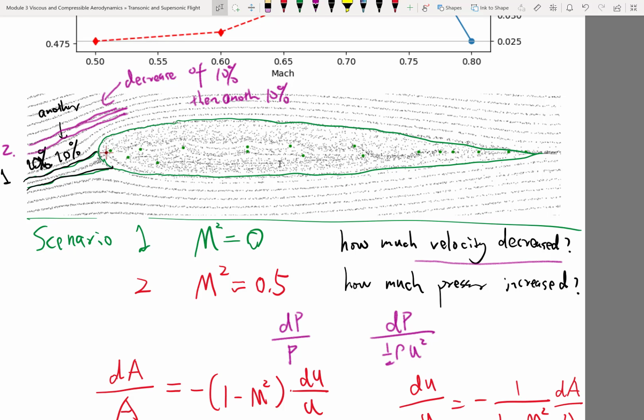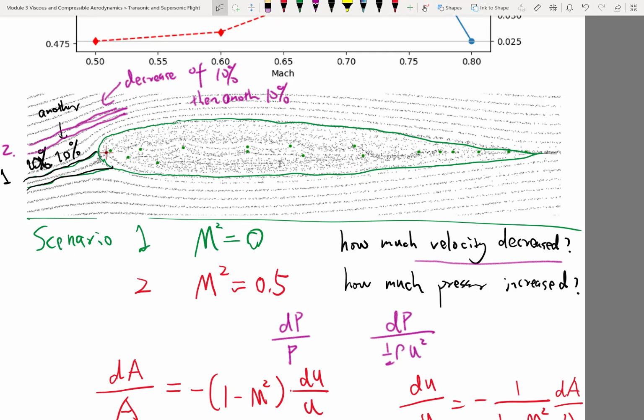How do I read it? Exactly, just look at where each stream tube reaches its minimum area. Here it reaches minimum area, then this would be the Mach 1 point.